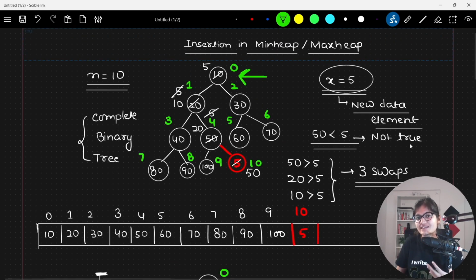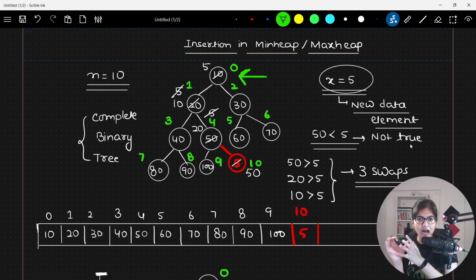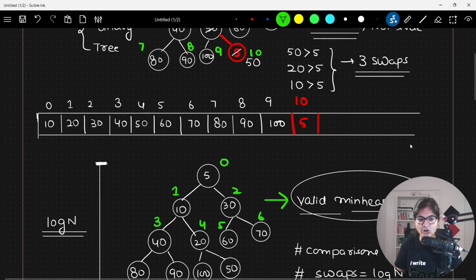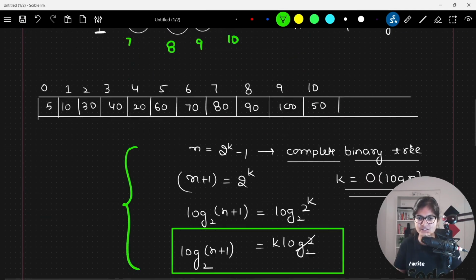So if someone asks you, first of all, how we can do the insertion in a Minheap, now I hope that you can tell them clearly. After that, what is the time complexity required to do the same? That also we can clearly convey with its logical reason.